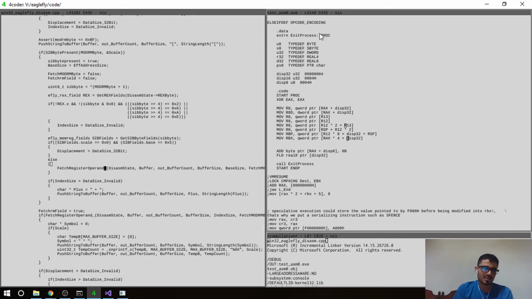So this thing here is just that the scale can be anything, I guess. The problem is that the base has to be this. If the base is blah, normally the displacement was on the other side.